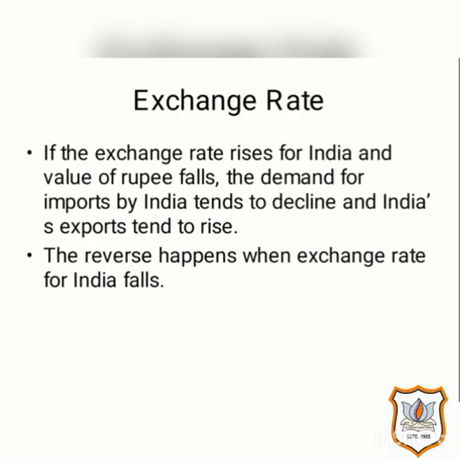Here exports from India would tend to rise because our exports would become cheaper. Instead of earlier supplying goods worth rupees 60, now we are supposed to supply goods worth rupees 65 for that same $1, and therefore our exports would tend to rise.